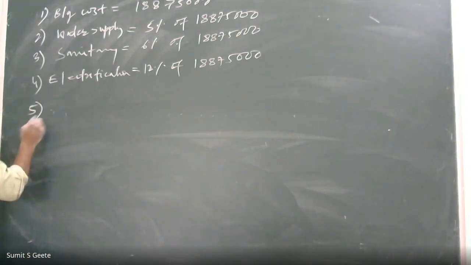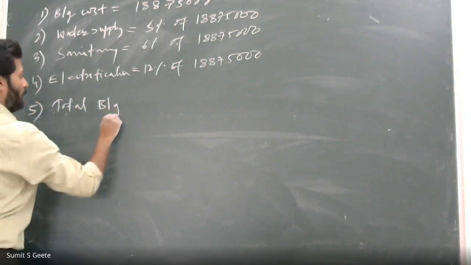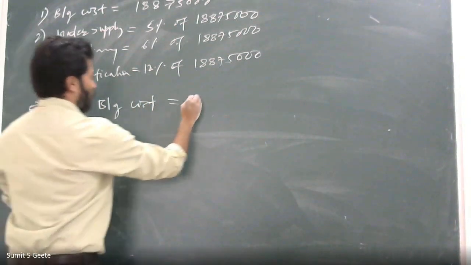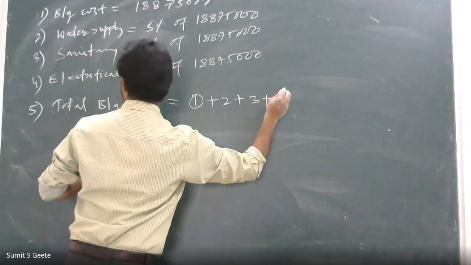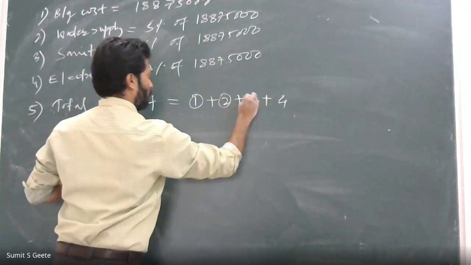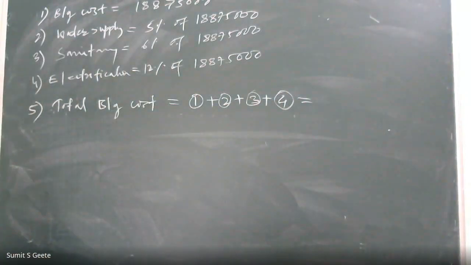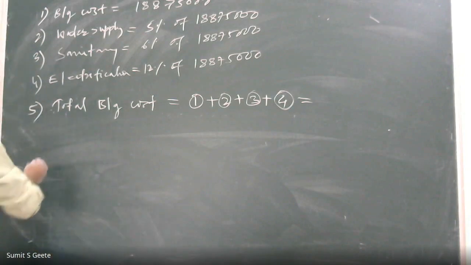So, the fifth one is total building cost. Total building cost is 1 plus 2 plus 3 plus 4. Tell me this value. Then sixth number.